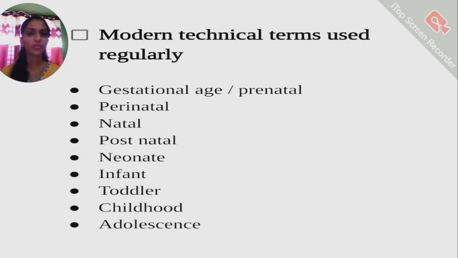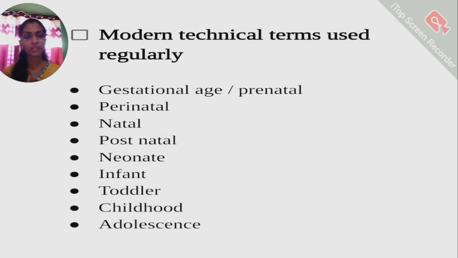Modern technical terms used regularly in the pediatric age group are: gestational age, prenatal, perinatal, natal, postnatal, neonate, infant, toddler, childhood and adolescence. Gestational age is the pregnancy age of 9 months. Perinatal is during birth or before the delivery. Natal means immediately after birth or coming out of the womb.